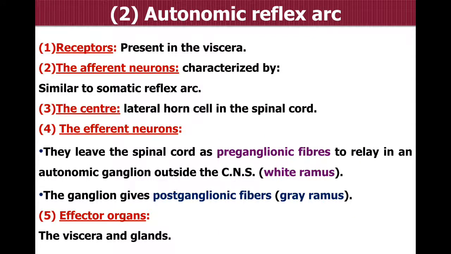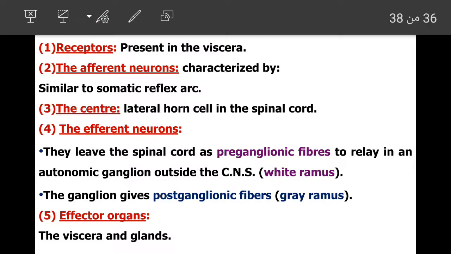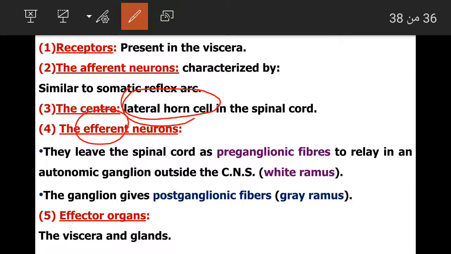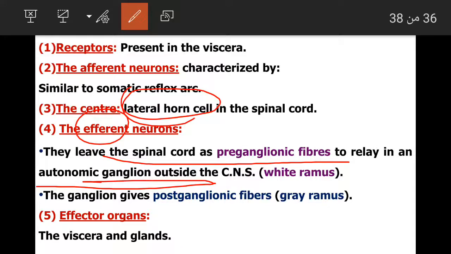While for the autonomic reflex arc, first, its receptor is present in the viscera. Second, the afferent resembles that of the somatic reflex arc. What about the center? It is present at the lateral horn cell of the spinal cord. And what about the efferent? They leave the spinal cord as a preganglionic fiber to relay at the autonomic ganglia outside the central nervous system.